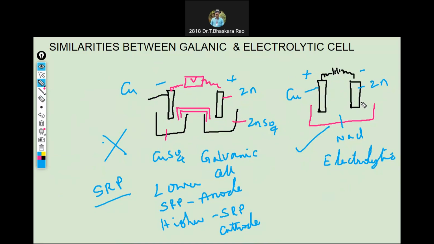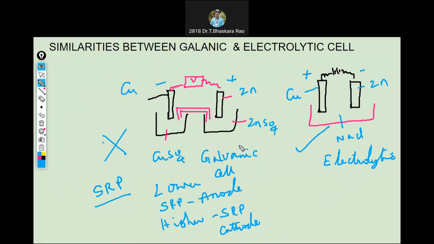We never decide based upon the SRP values, only based upon the battery connection. The electrode connected to the negative terminal is the cathode in the electrolytic cell.